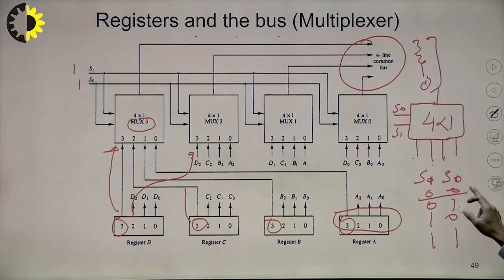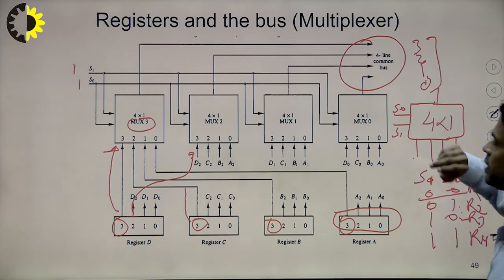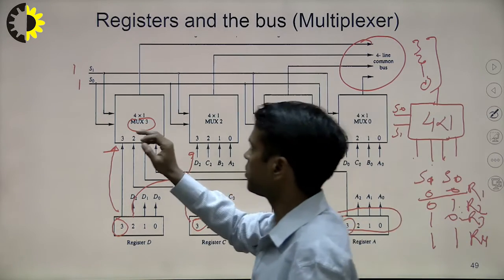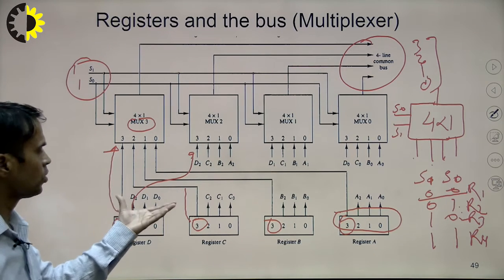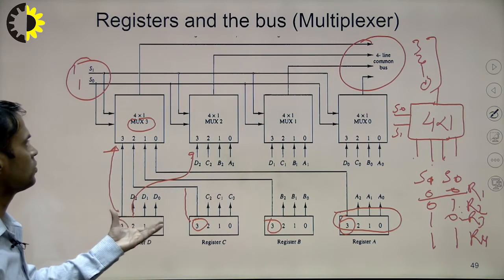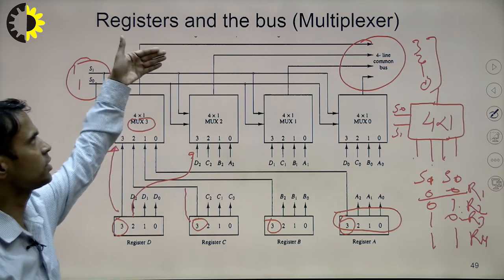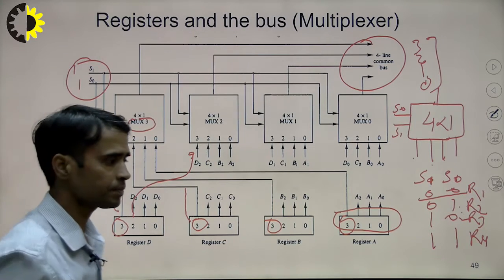So, at 0 0 it will select register 1, at 0 1 register 2, then register 3 and register 4. So, you can easily identify that S0 and S1 act as selection pins to select a particular register and move its content through this multiplexer to the bus.